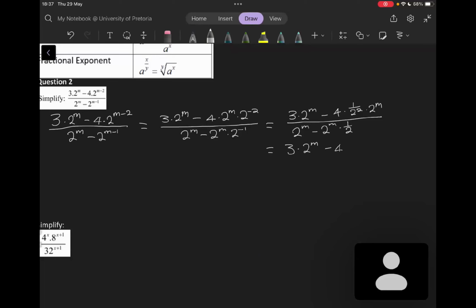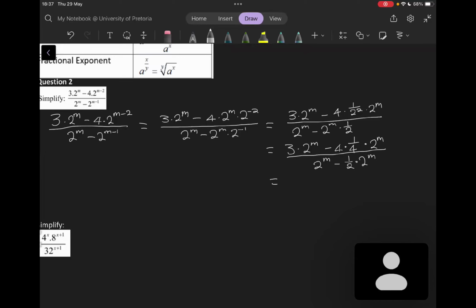We have 3 times 2 to the power of m minus 4 times 1 over 4, because 2 squared is 4, and we have that multiplied by 2 to the power of m. We have this all over 2 to the power of m minus a half 2 to the power of m.